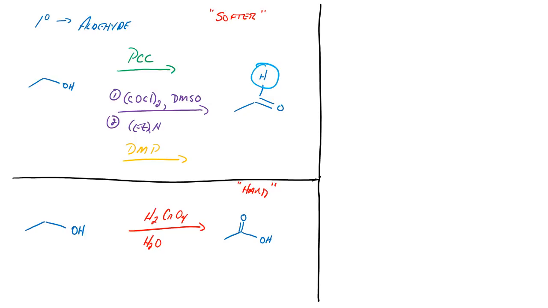We can selectively stop at an aldehyde, whereas our harder oxidants go all the way from alcohol to carboxylic acid. So we'll notice there's a progression. If I've got a primary alcohol, so at the bottom here, alcohol, a primary alcohol, we can take that into an aldehyde, and all the way up to a carboxylic acid.